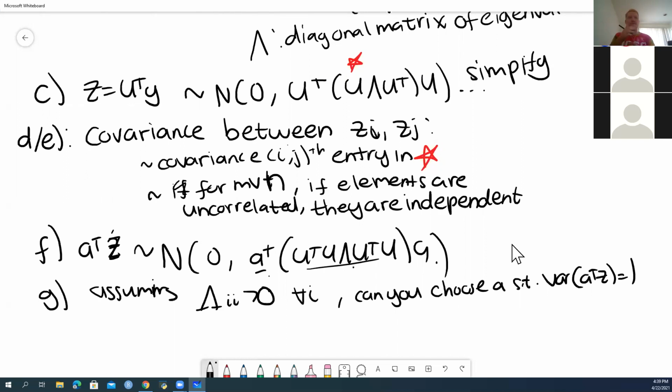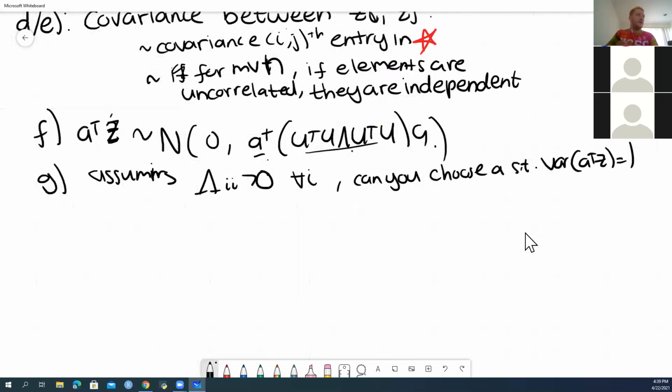And remembering that lambda is a diagonal matrix, really it's going to be the sum of the diagonals, after simplification. There are a lot of ways to do this one. You just have to find any way in which they'll equal 1. You can look at the summation and figure that out from there. So it shouldn't be too bad.